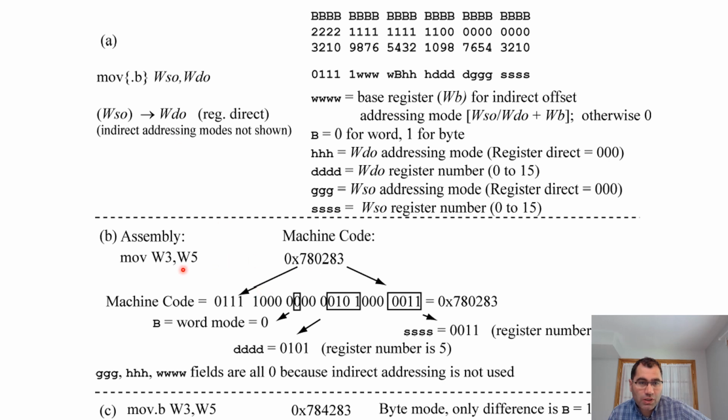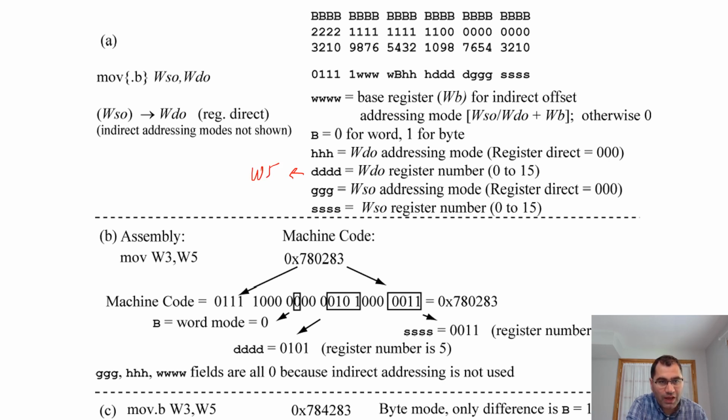Our destination is W5. How can you represent W5 in 4 bits? Let me show you very quickly here.